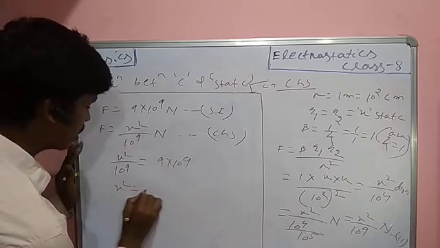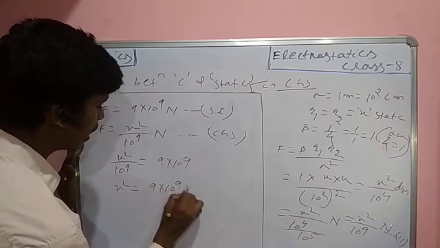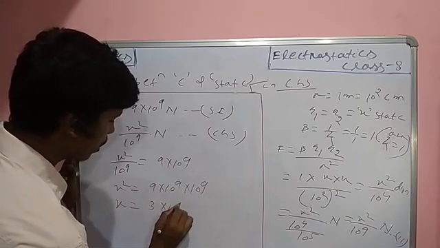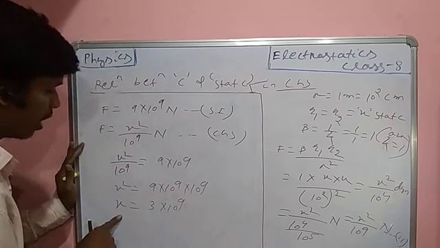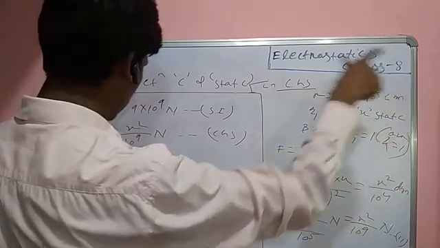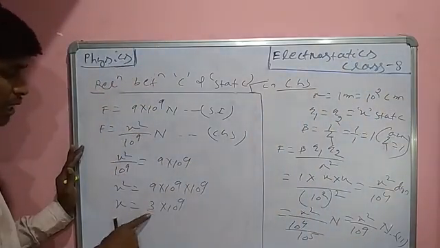So X square is equal to 9 into 10 to the power 9 into 10 to the power 9, so X is equal to 3 into 10 to the power 9. X is what? Stat coulomb. The value of X is 3 into 10 to the power 9.